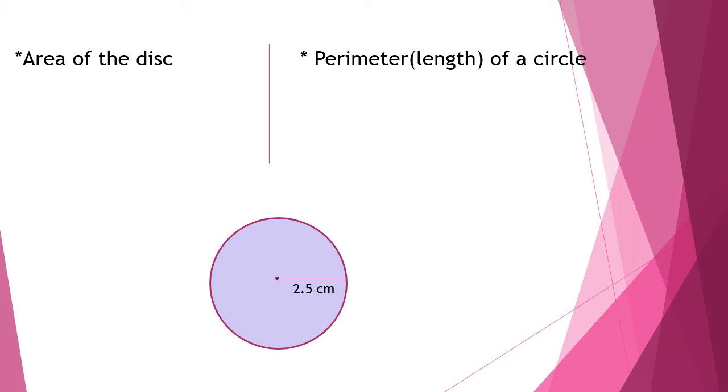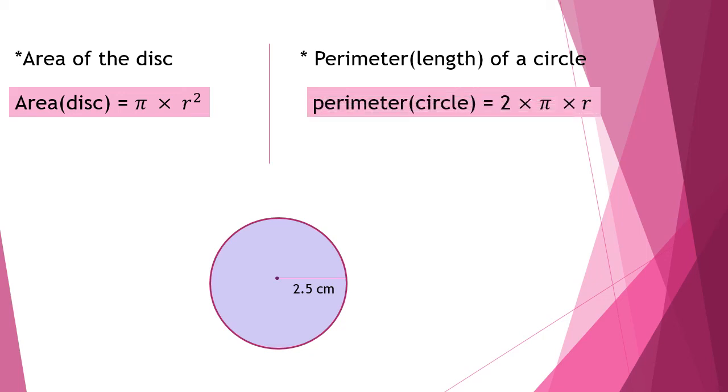So the area of the disk equals pi times radius squared, or radius power 2. And the perimeter or length of the circle equals 2 times pi times radius. You must know that pi equals 3.14.